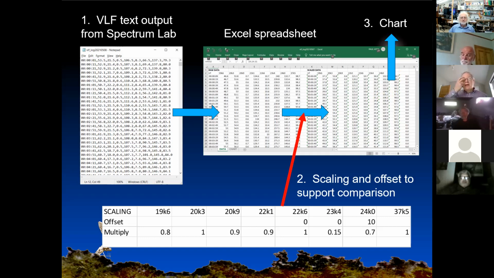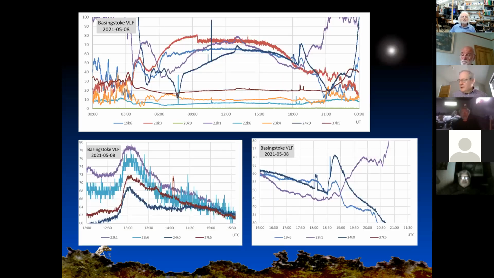This is a typical chart from a few days ago. You can see the output of the different transmitters, amplitude output, loads of hash during nighttime conditions when you don't get reliable propagation because the sun isn't there, funnily enough.